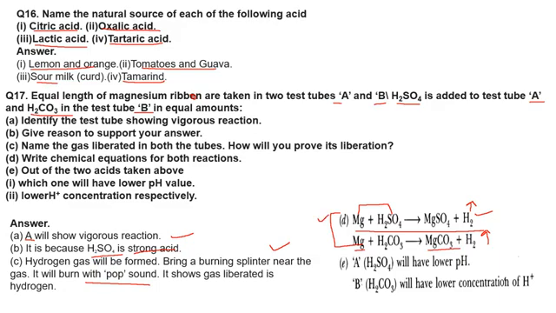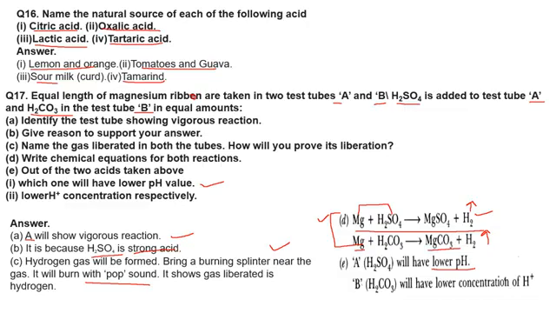Then out of the two acids taken above, which one will have lower pH value? The strong acid will have lower pH value. So H2SO4 will have lower pH value, whereas the less concentrated acid will have higher pH value.